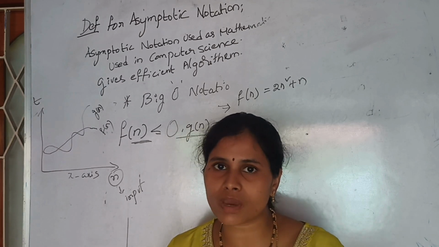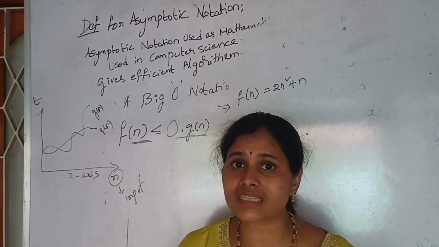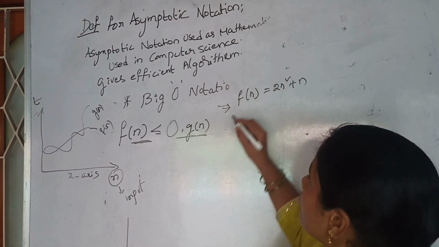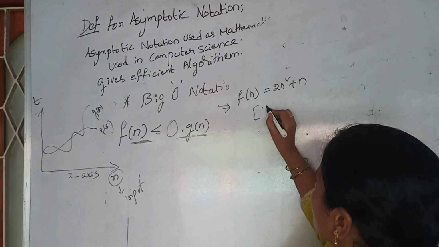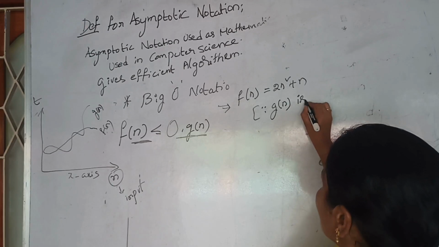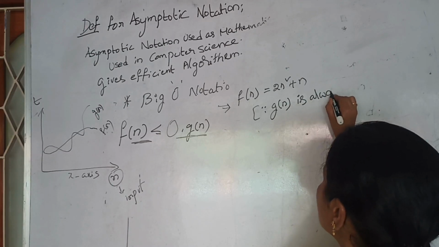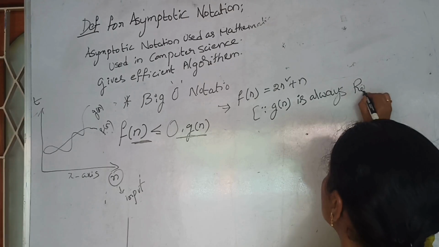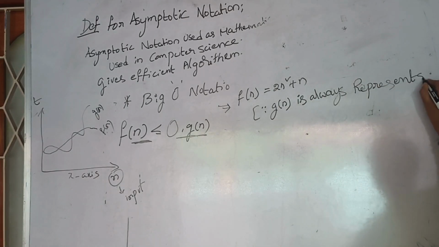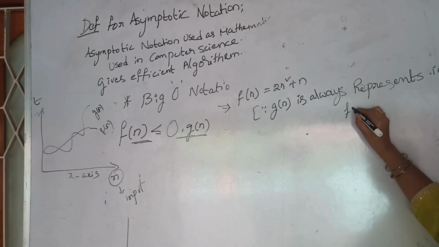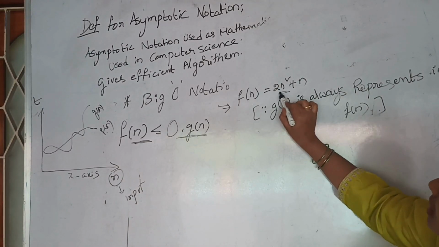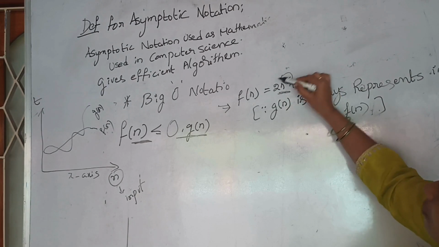Here you need to remember that g of n is always represented in terms of f of n. Here we will have one condition. What is the highest power of f of n?